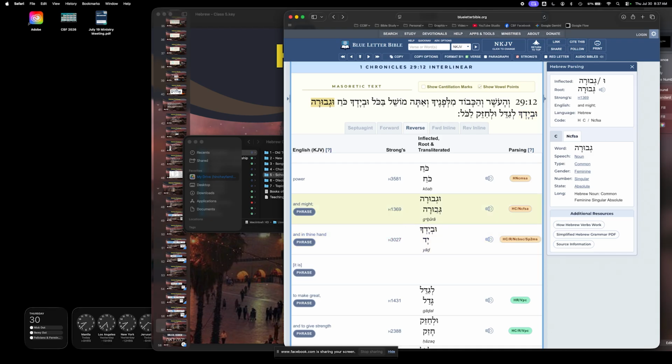It is the word, a fun one. Gevura, gevurah. Fun one to pronounce. You have the gimel, you have the sheva, you have the bet without any dagesh lene, so it's a V sound. You have the shureq, you have the resh, you have the qamets, and you have the he.